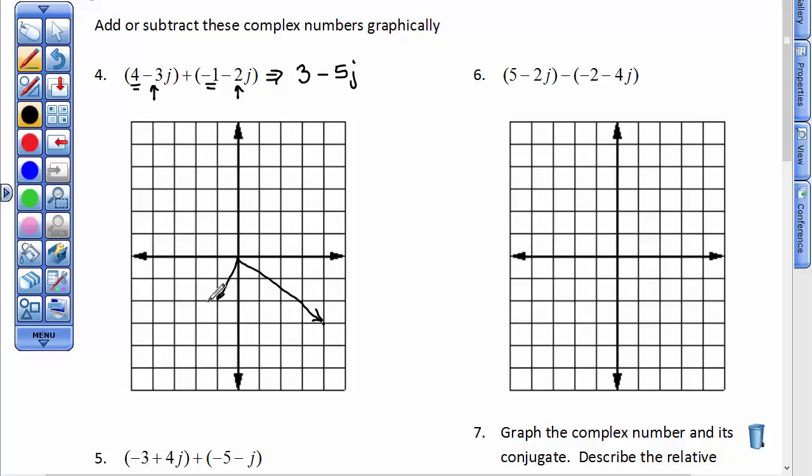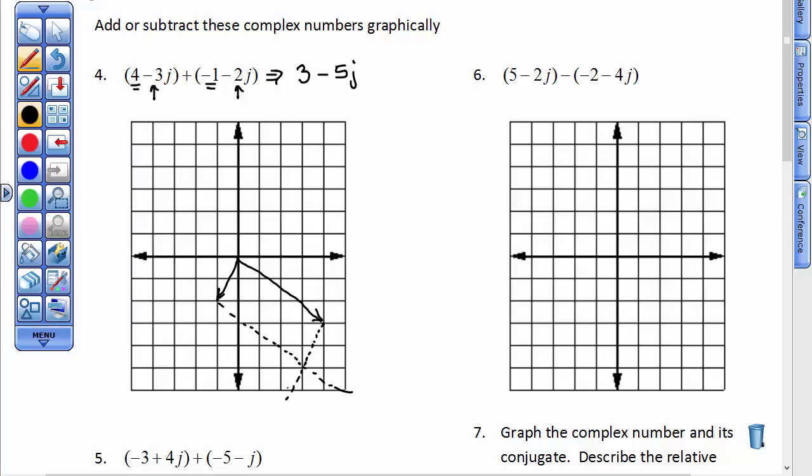So I'm trying to draw a dashed line that's parallel to this line over here. And then off the head of this vector, we drew a line that's parallel to this line. So I'm trying to draw a dashed line again.